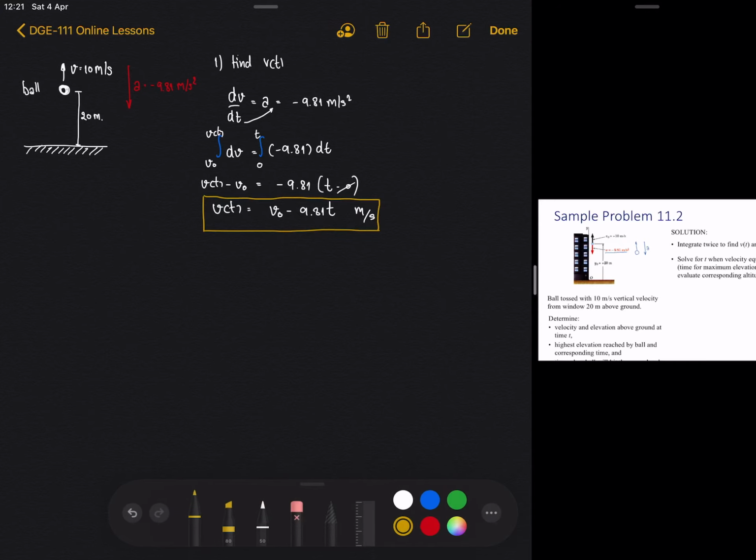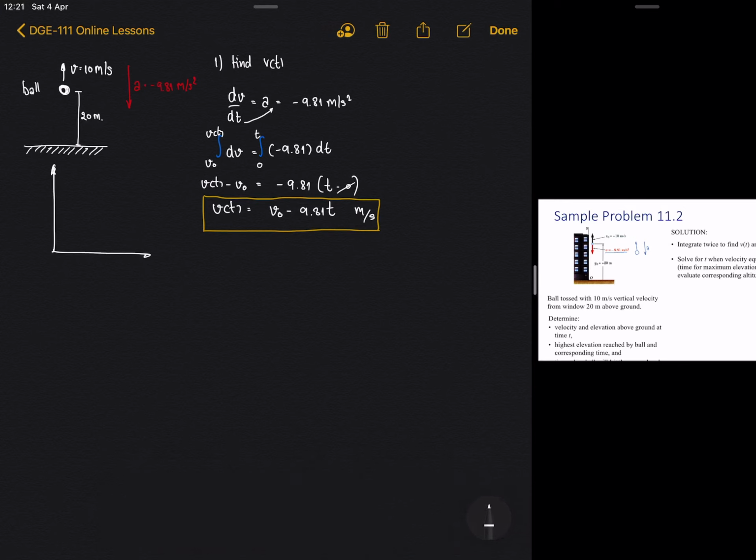If you draw it in a graph, here's the velocity in meters per second, and t in seconds. I forgot one thing, v0 you can see here is 10, so you can say it's 10, okay?